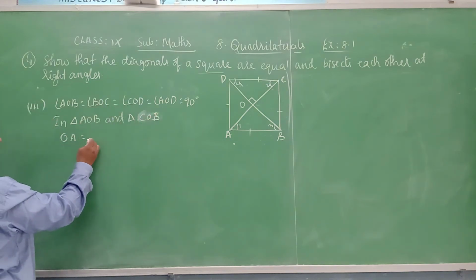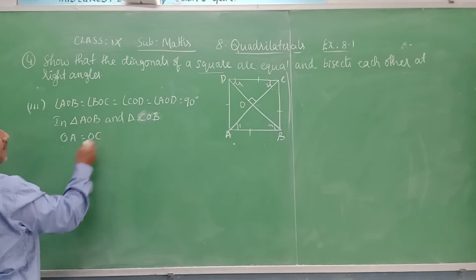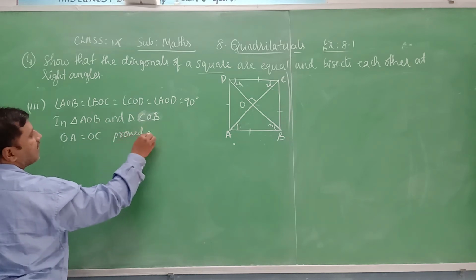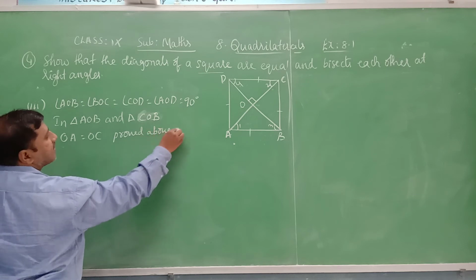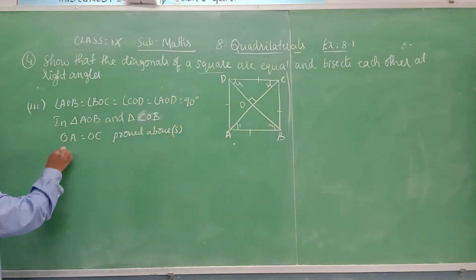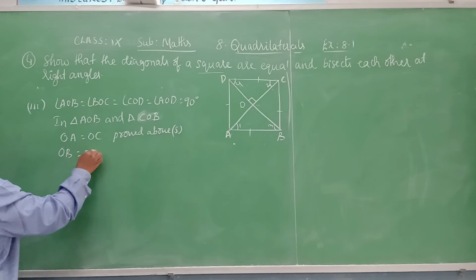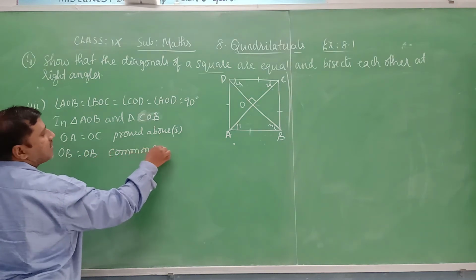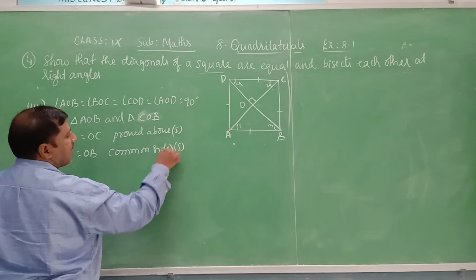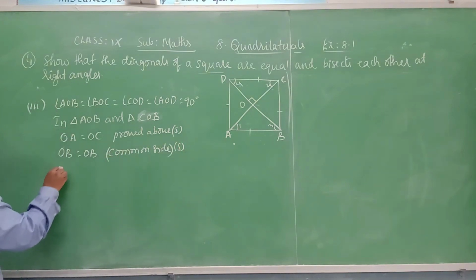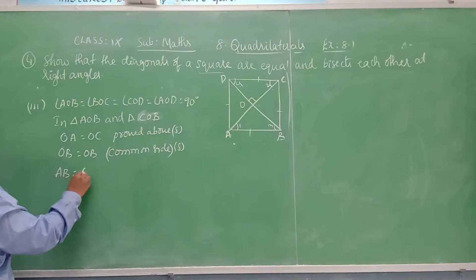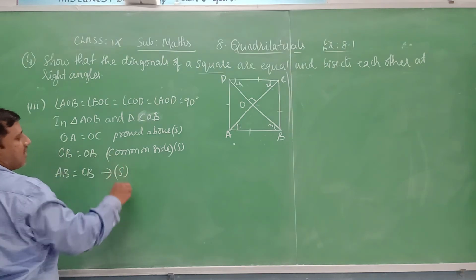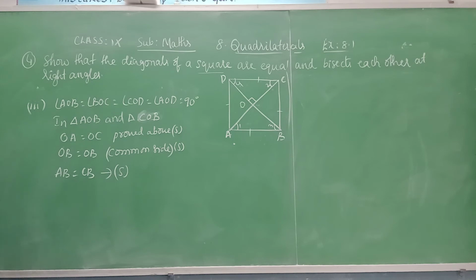OA is equal to OC, proved above, that is a side, and OB is equal to OB, common side of the two triangles, that is a side, and AB is equal to CB or BC, sides of the square are equal.